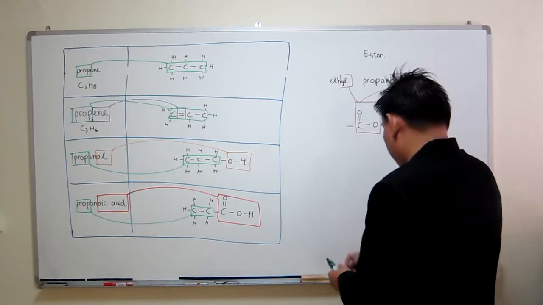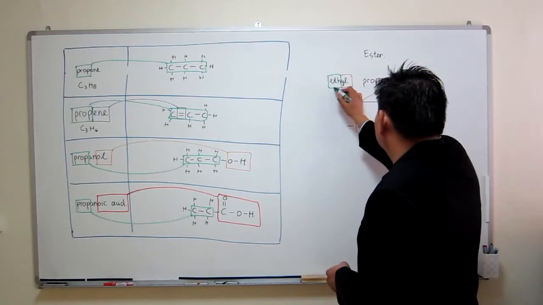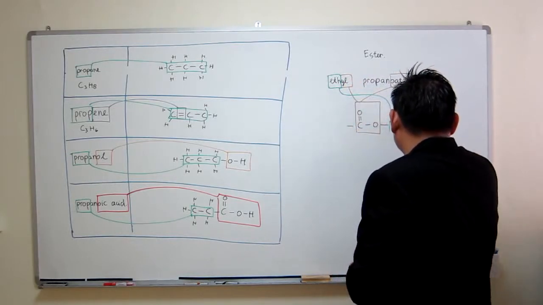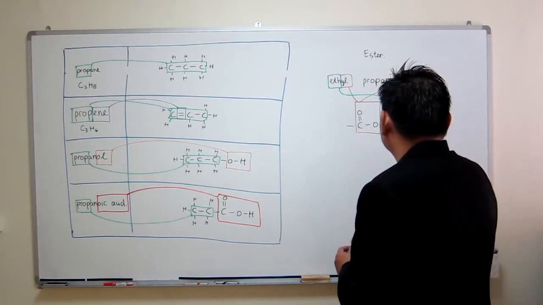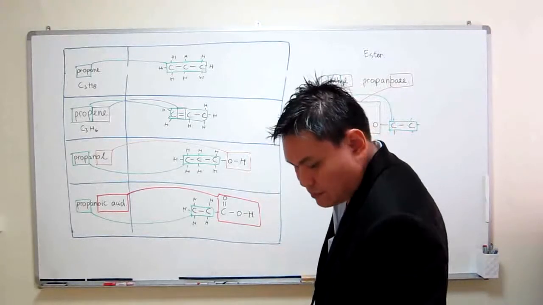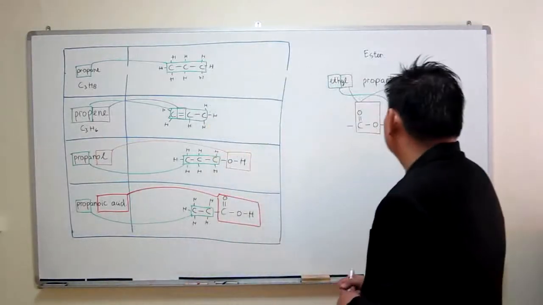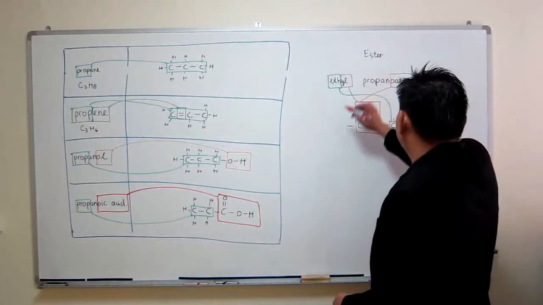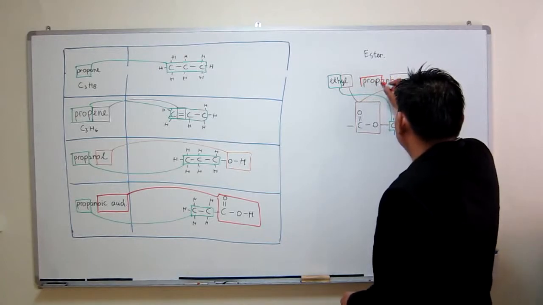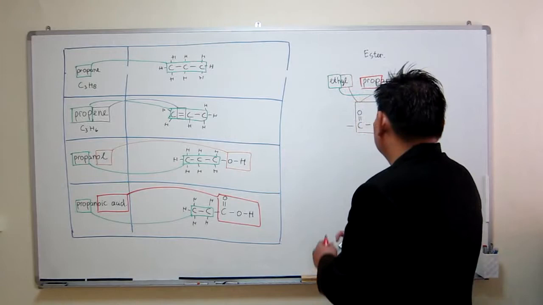Later we must connect it with. So it means 2 carbon here. Prop means 3 carbon, and that 3 carbon must be connected with C double bond O. We must standardize 3 carbon.